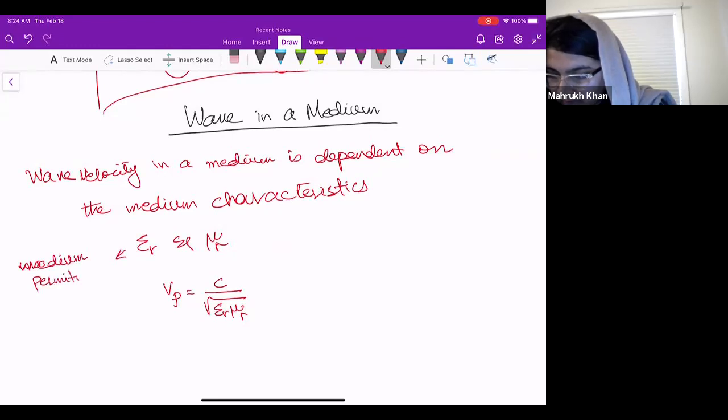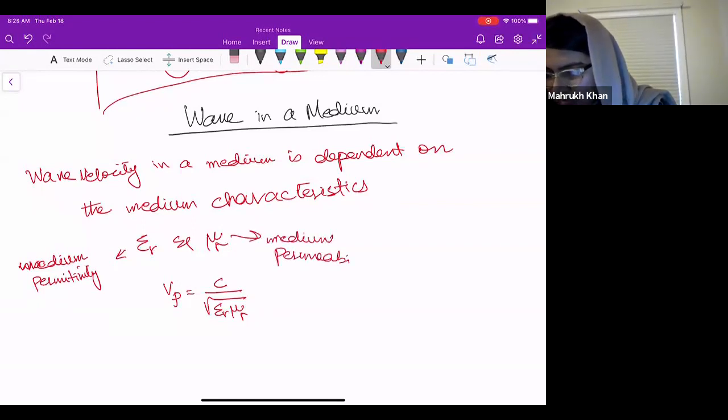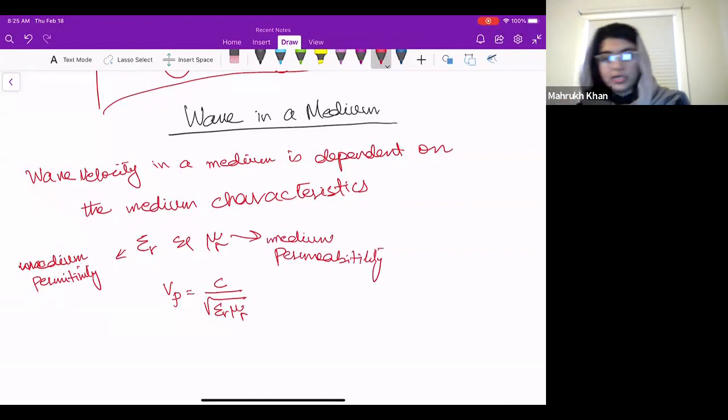This is the medium's permittivity, and this is the medium's permeability. Do you know about these things? I think you should have learned them in physics. If the wave is traveling in free space, it travels with the speed of light.